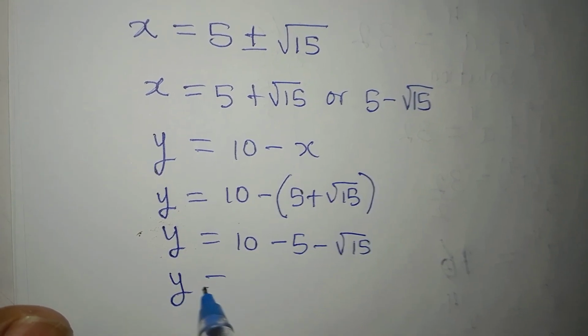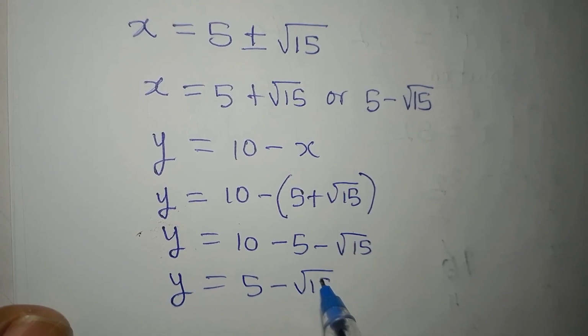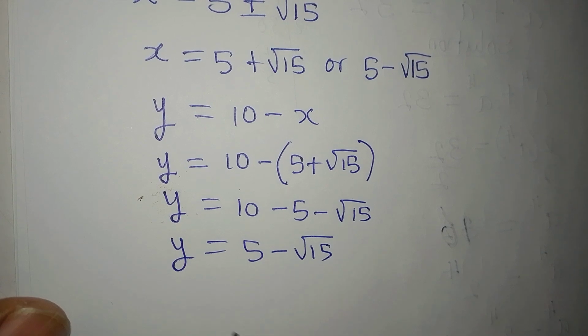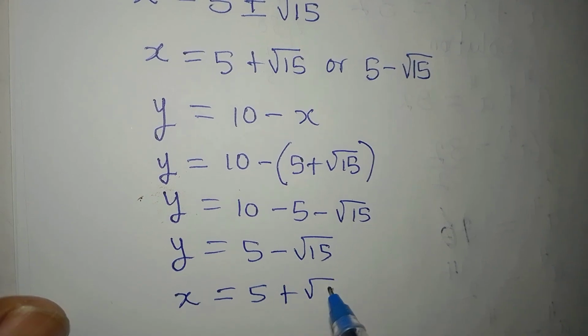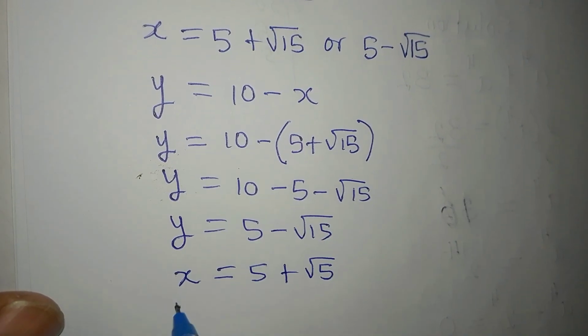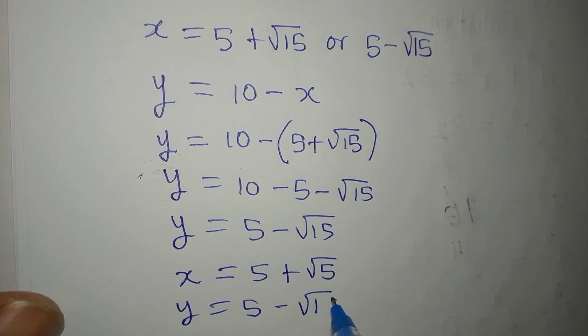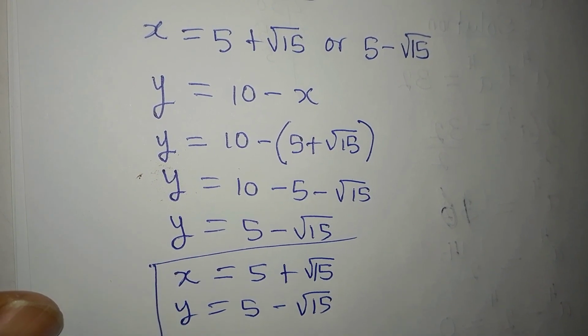Now y is equal to 10 minus 5 is 5, then minus root 15. So this is the value of y. We are saying that when x is equal to 5 plus root 15, y is equal to 5 minus root 15.